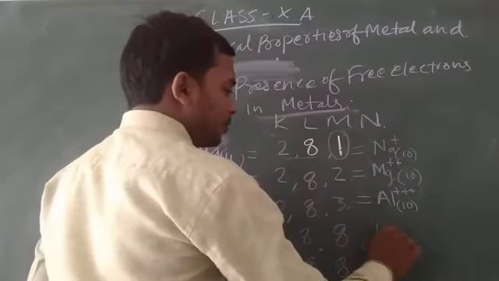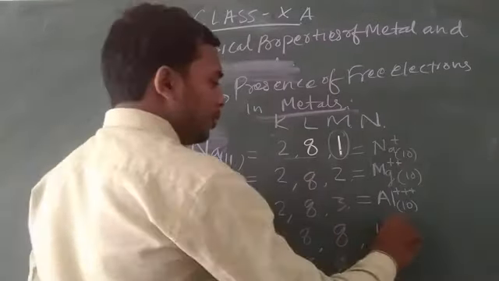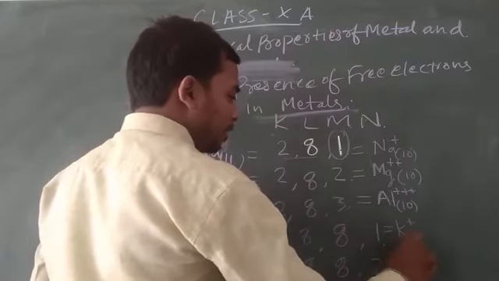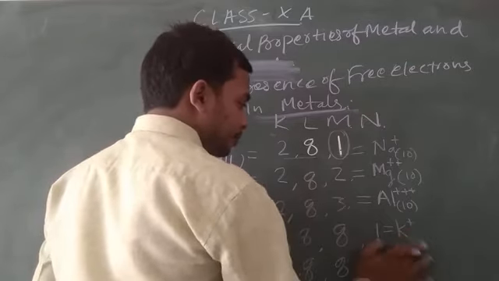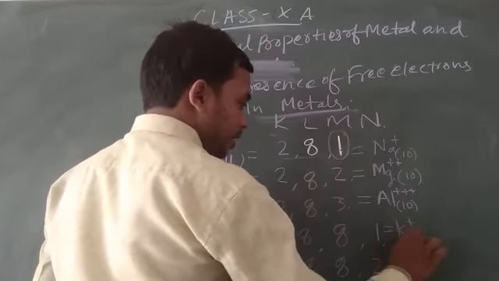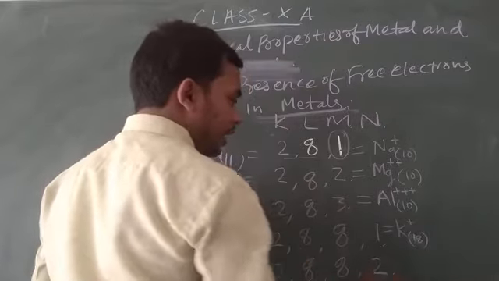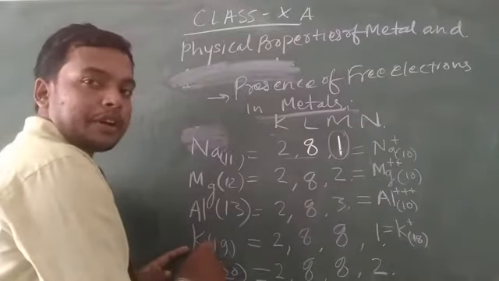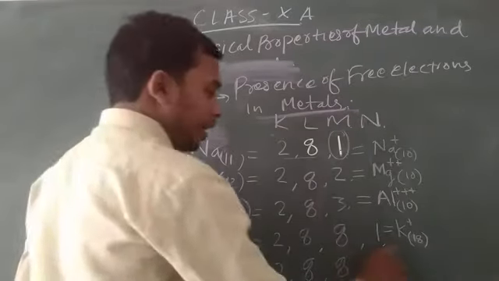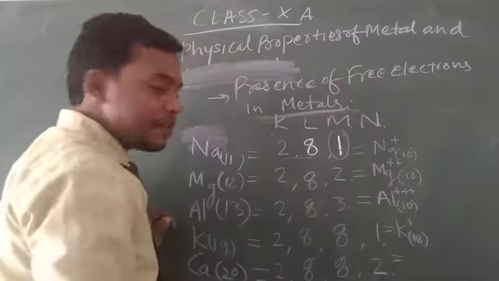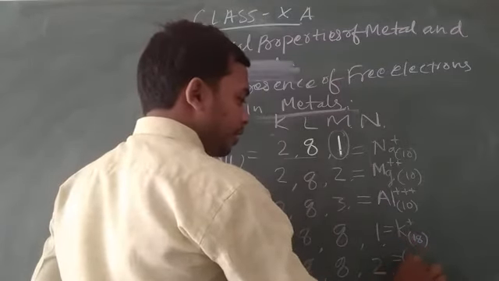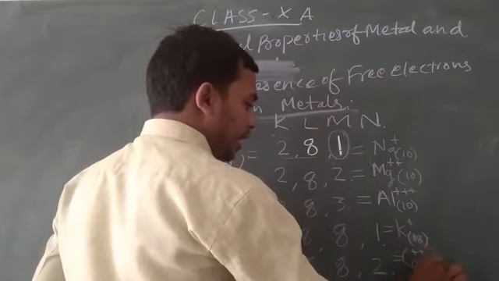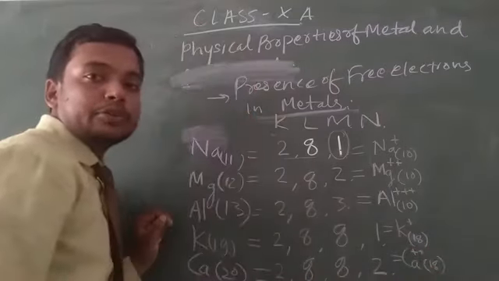Potassium loses only 1 electron and the remaining number of electrons is 18, because 19 total electrons are found in potassium. Calcium releases 2 electrons and has 18 electrons after losing the 2 electrons.